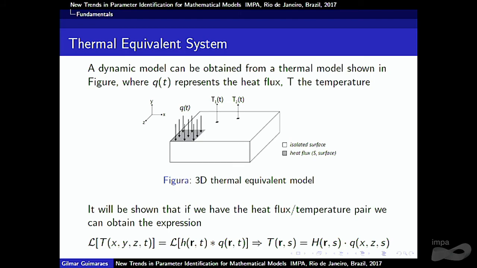And it will be shown that if we have this kind of problem, we can obtain an expression that you can put in the same way as a dynamic system. So we have temperature, heat flux, and the response of the system.